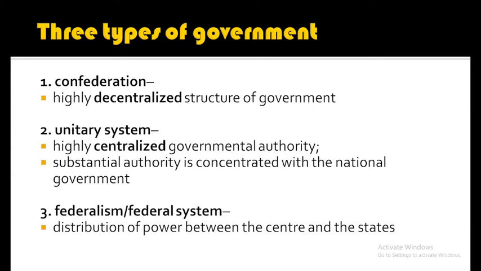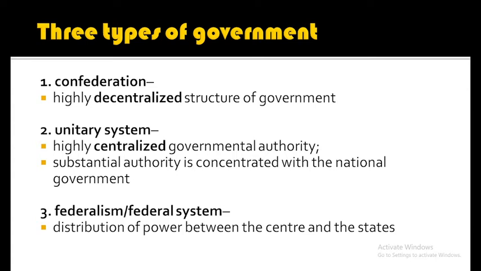On the other hand, a unitary system refers to those governments where there is high centralization of government authority, where other levels of government are dependent upon the central government. In such administration, power or authority is concentrated, usually with the national or central government.